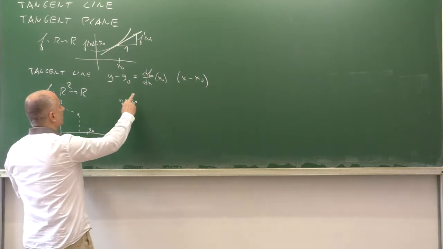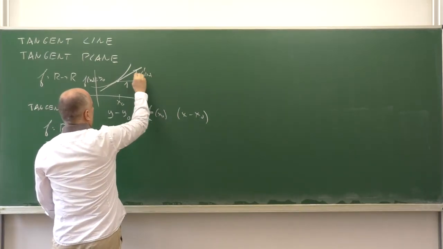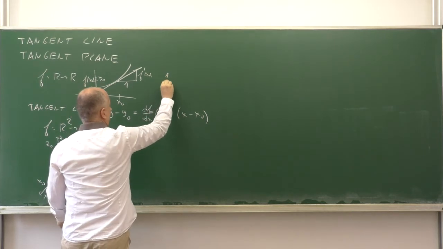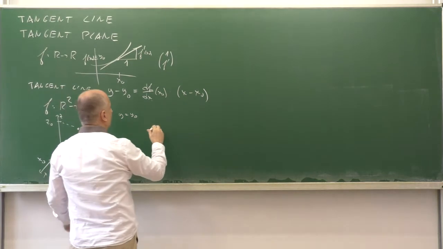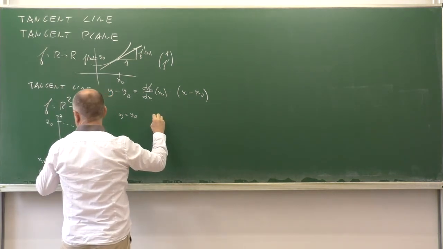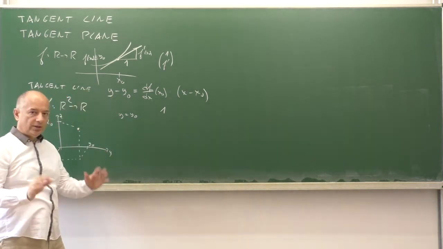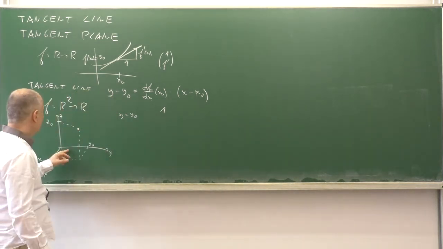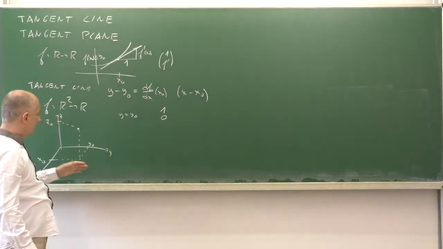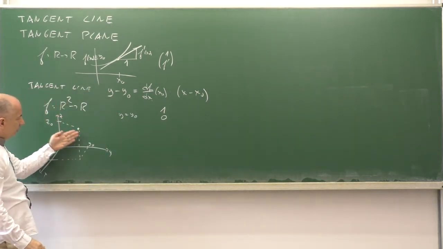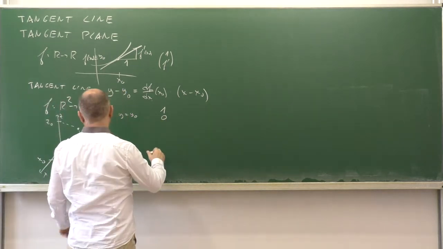And we can consider the vector, here it was 1 and f derivative, and here the tangent vector will have the first coordinate 1, that's our choice. The second coordinate will be 0 because y is constant. Now we move in the plane y is constant, so no change in y.